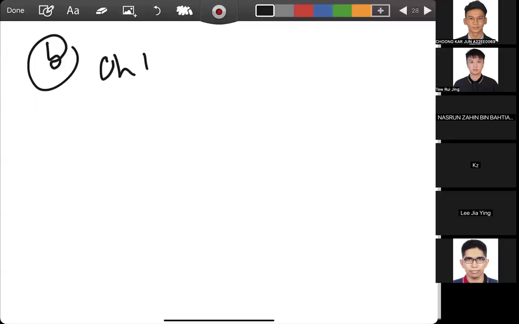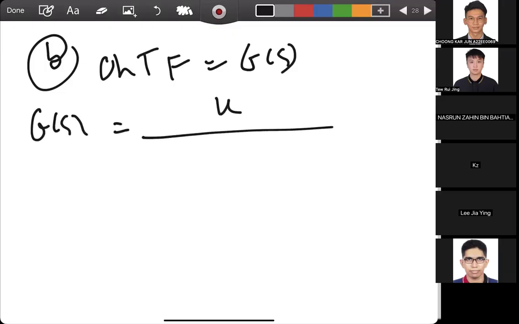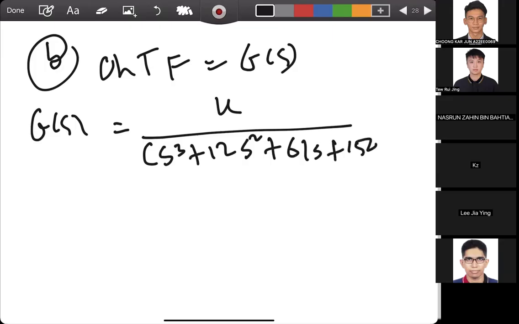Open loop transfer function: K over S cubic plus 12s square plus 61s plus 150. Okay. So you are required to use Ziegler-Nichols tuning for the PID controller. So find the closed loop.